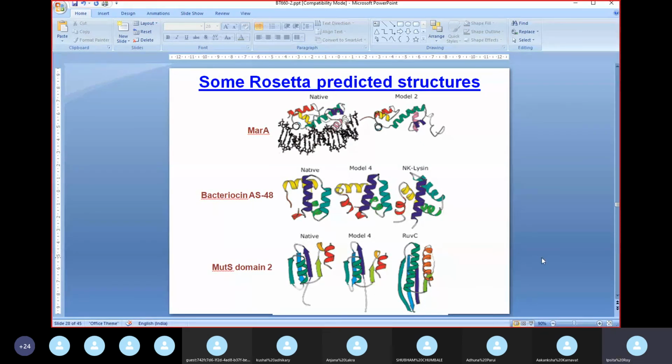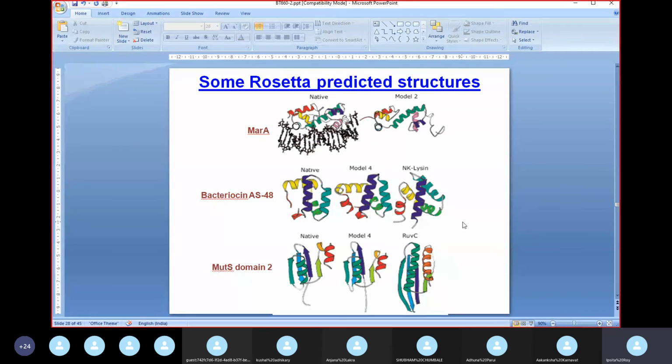The point here is not that this is better or that is worse, or this is good and that is bad. Depending on what kind of protein you have, database modeling will only work for those proteins for which you already have known templates, or templates with a high degree of similarity. Sometimes you may find a template with a high degree of similarity, but there are errors in the template itself.